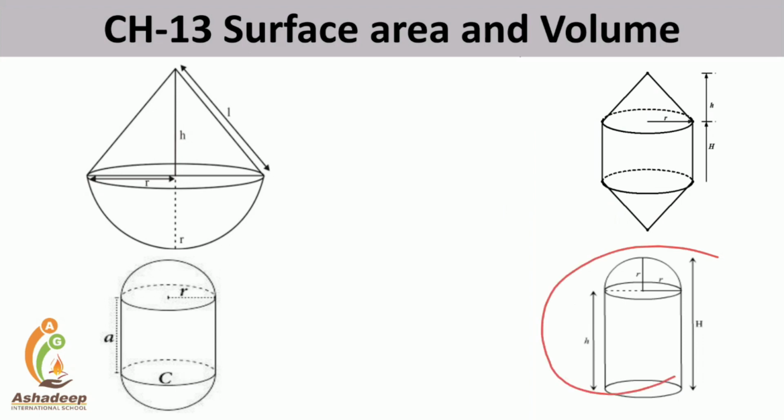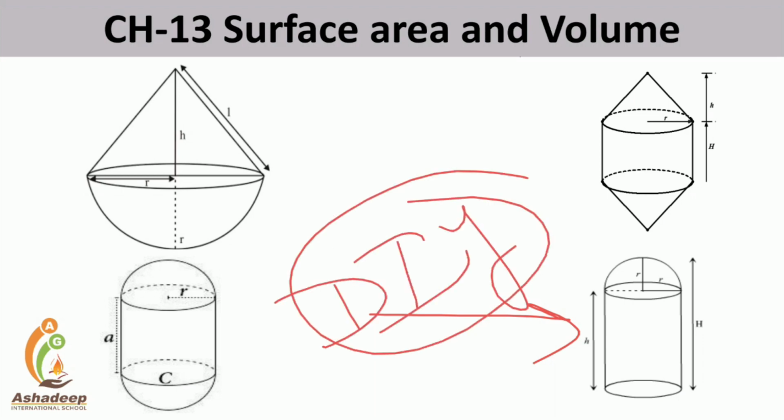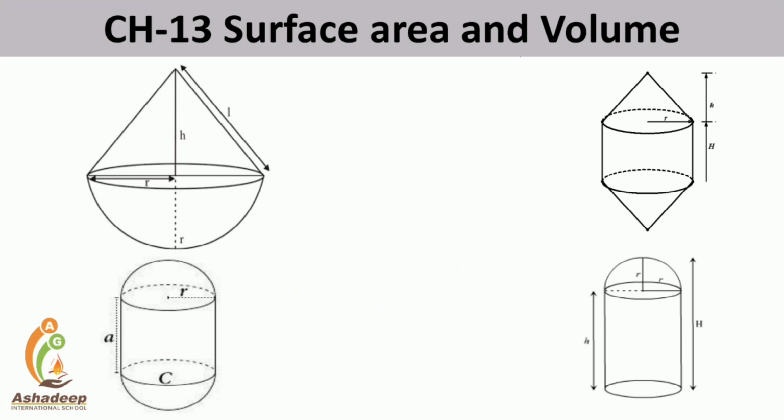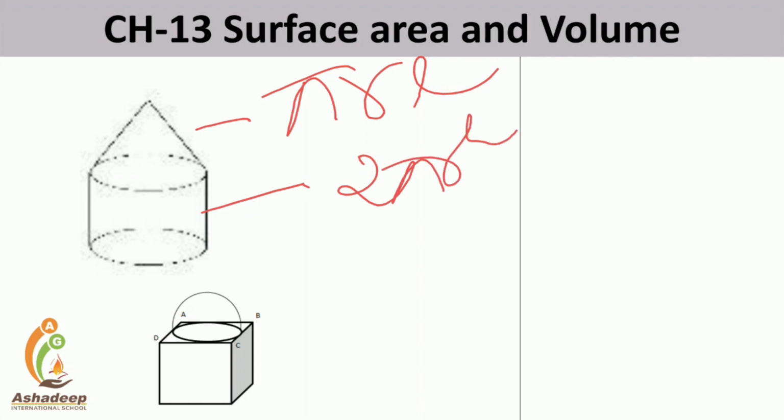Now you have to do this yourself, right? And check whether you can get the concept or not. Here also we need to see, it's pi r l, this is 2 pi r h as far as area is considered, and if it is volume, it's nothing but 1/3 pi r square h.